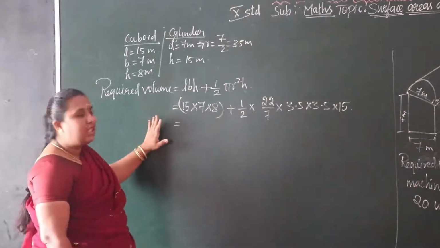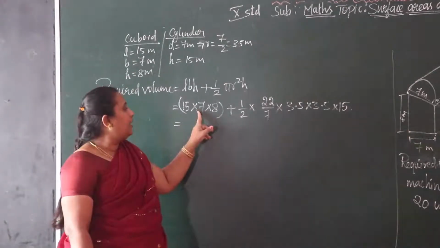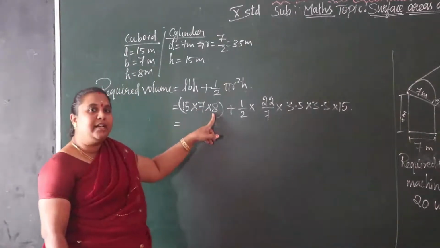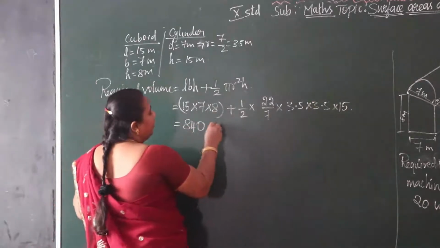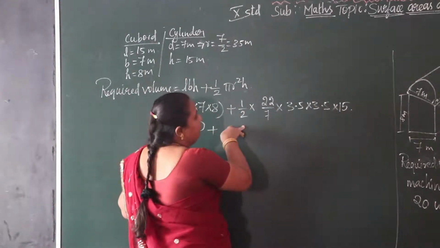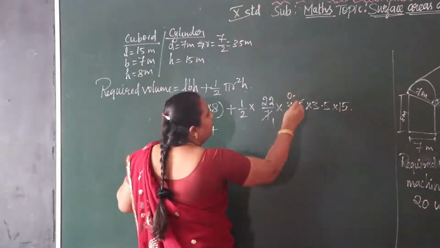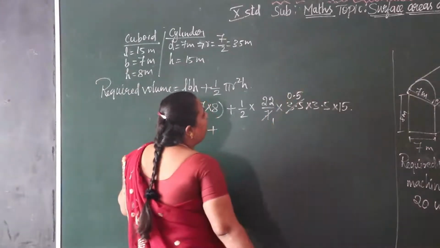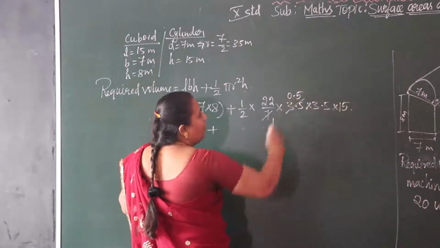We have to do the simplification. So 15 sevens are 105. So 105 into 8, we get 840. Plus here we have to do the calculations. See, 7 ones are 7, 7 fives are 35, so we get 0.5.